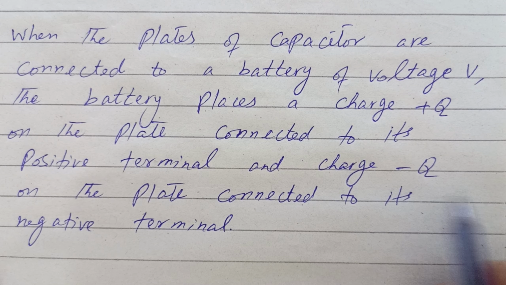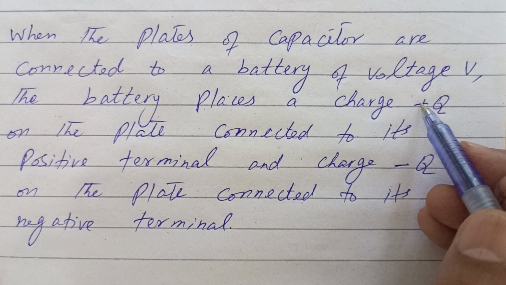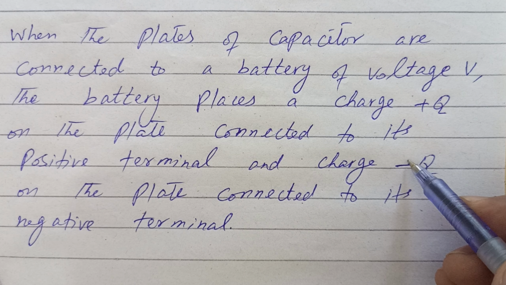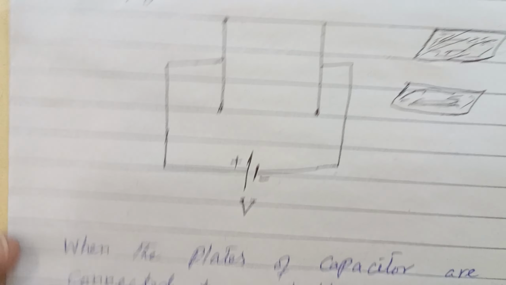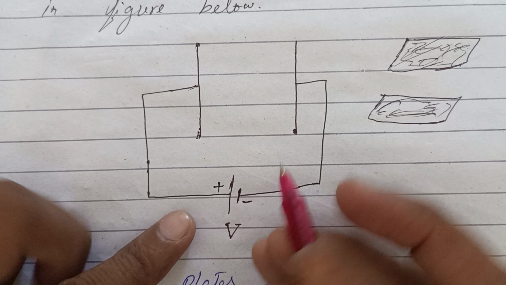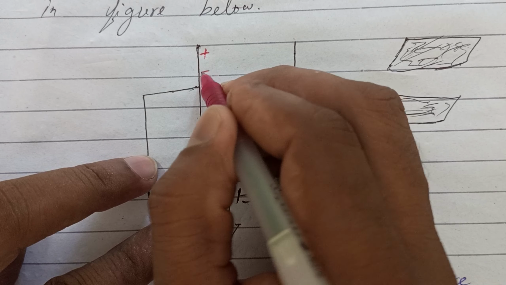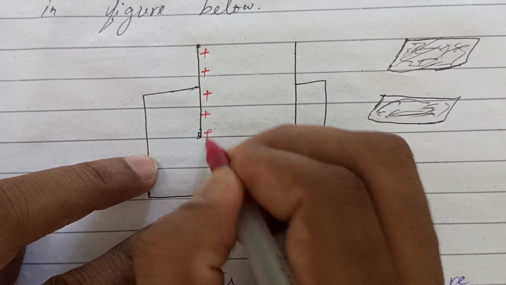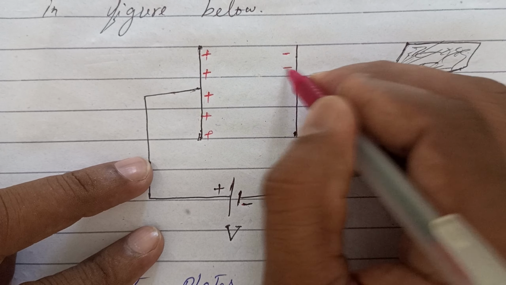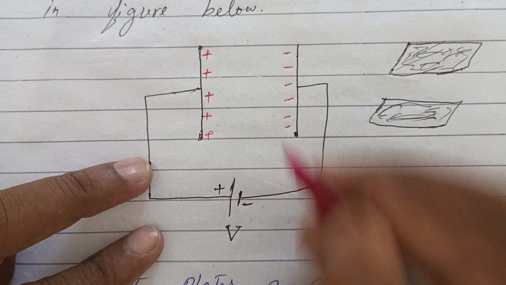The amount of charge on both the plates of the capacitor is the same. The magnitude is the same, but the sign of charge is different. The plate which is connected with the positive terminal has positive charge, and the plate connected to the negative terminal of the battery has negative charge on it.